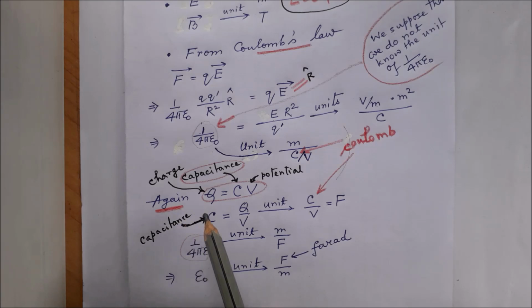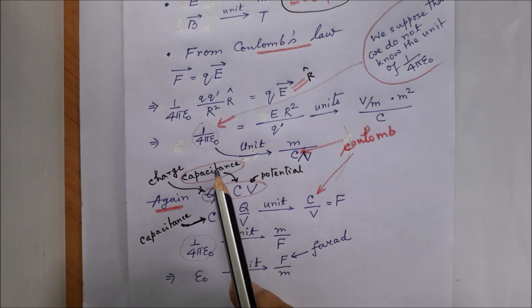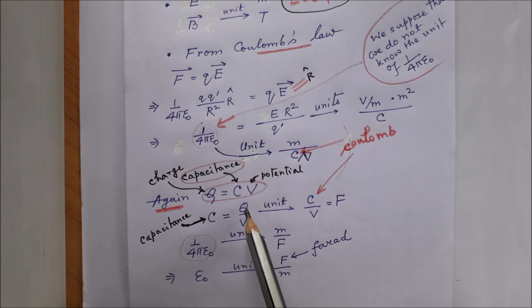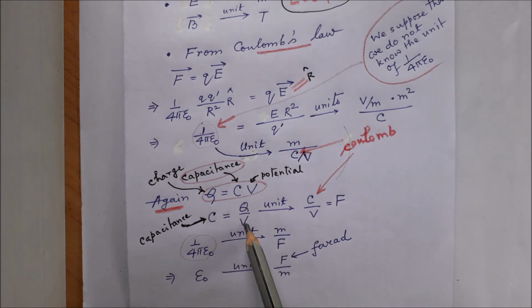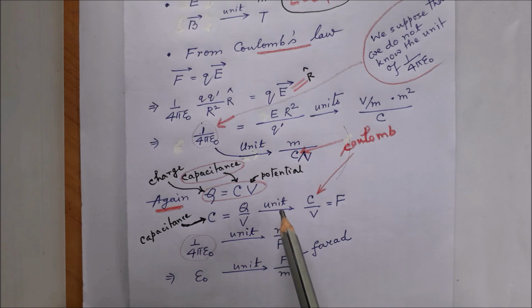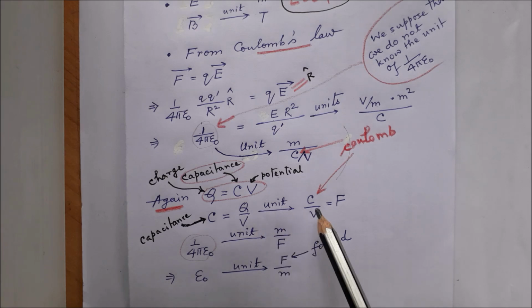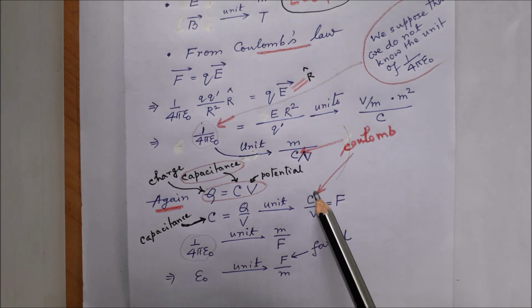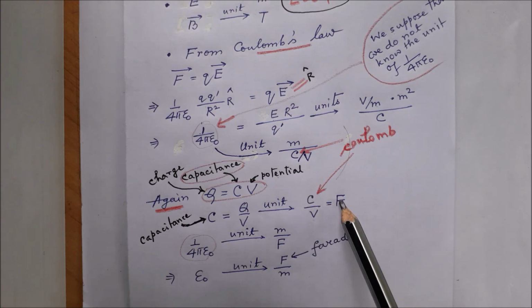Again we note that charge can be expressed as a product of capacitance and potential, that is Q equal to CV. So capacitance can be expressed as charge by potential, and if we put the units correctly, we end up with coulomb per volt, and this combination of units is referred to as farad.